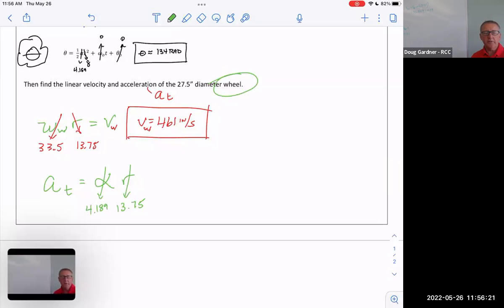And you might notice the units. That's 4.189 radians per second squared times inches, so that becomes inches per second squared. Oh yeah, that is a linear acceleration, isn't it? So you get like 57.6.